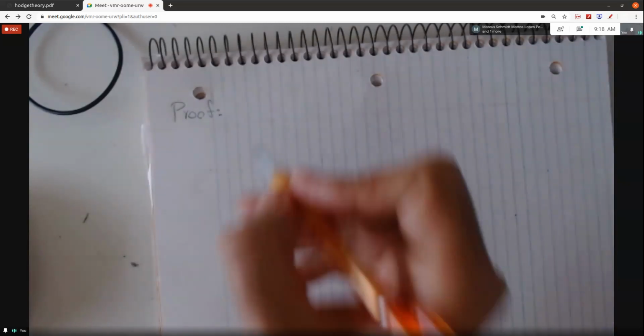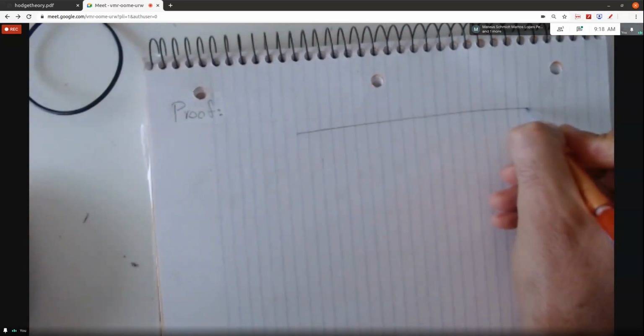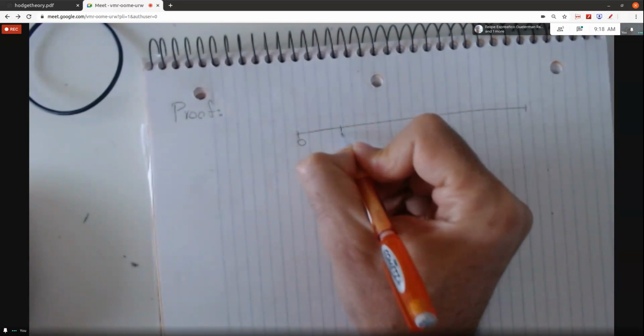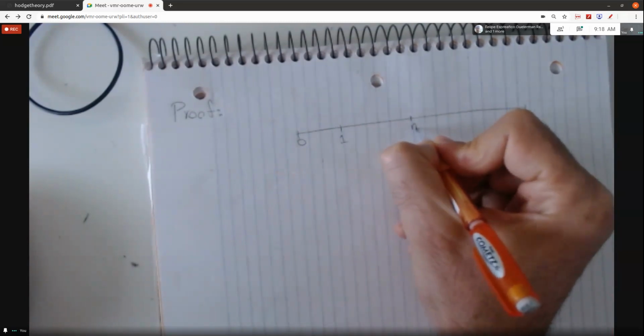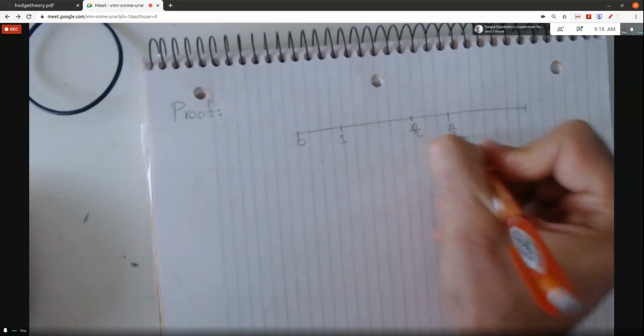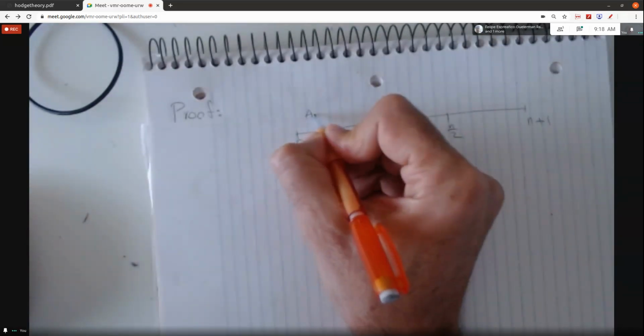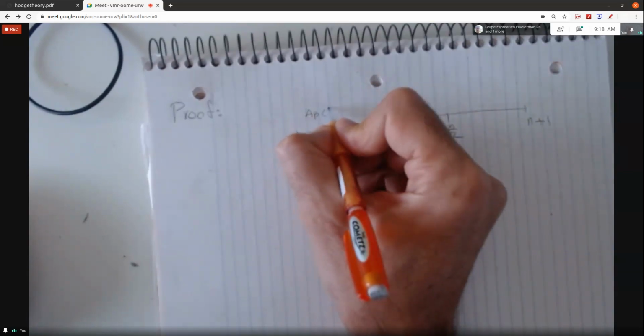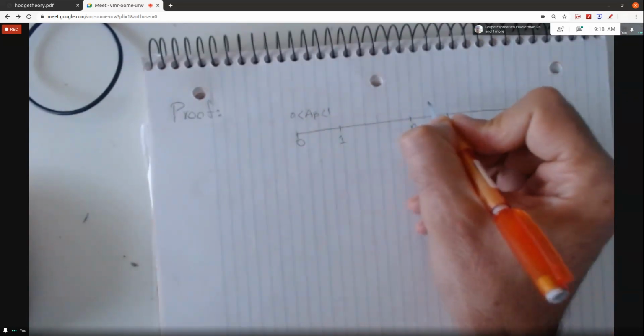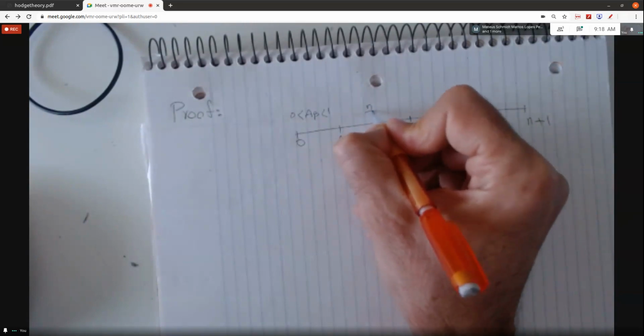Okay, so let's begin. Let me draw this interval between 0 and n plus 1. Here, beta between 1 and 0 and half.